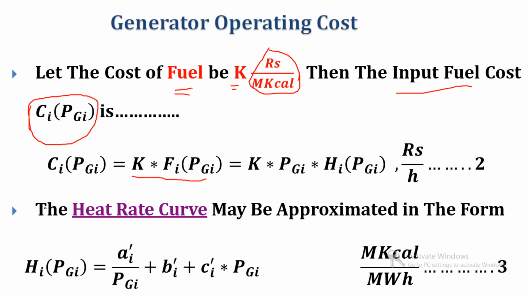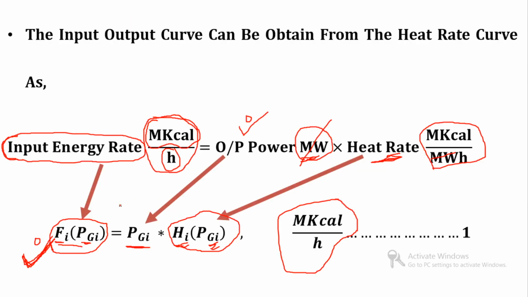Now how will this formula come? Ci of Pgi is equal to K into Fi of Pgi. Where does it come from? Now consider the unit of K is rupees per million kilocalories. K rupees for 1 million kilocalories. Now the unit of Fi of Pgi is million kilocalories per hour.